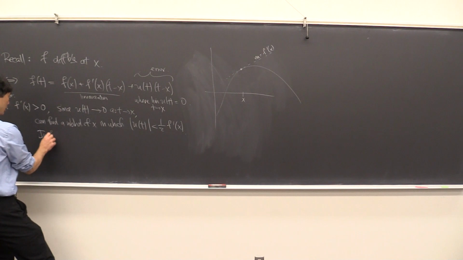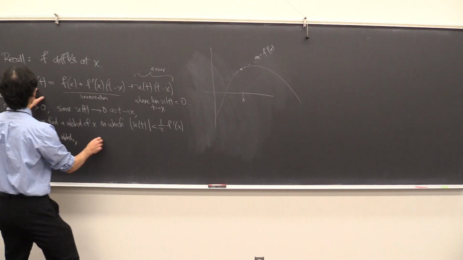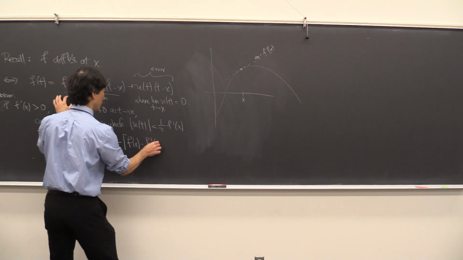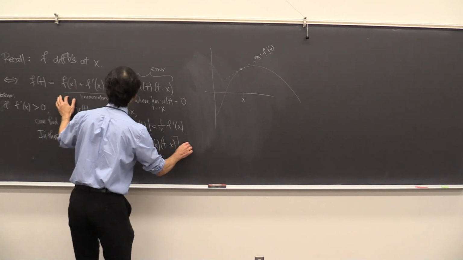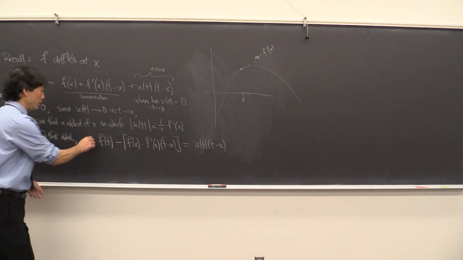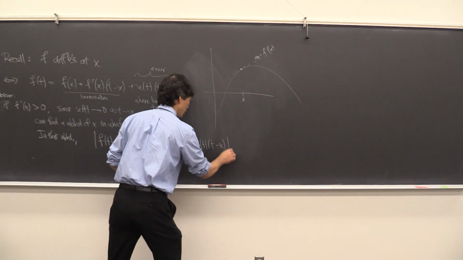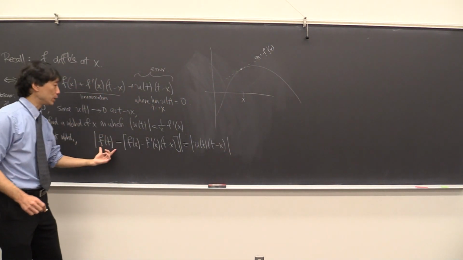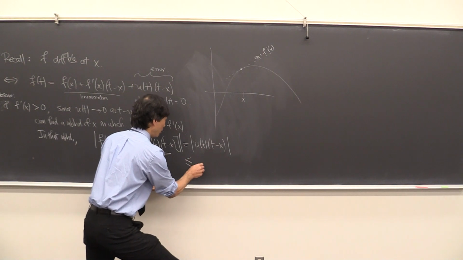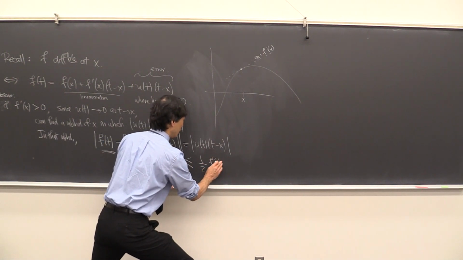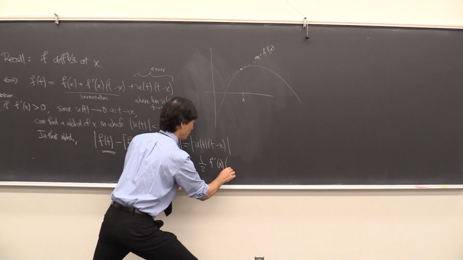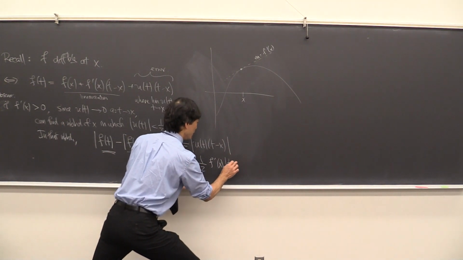In that neighborhood, f of t minus the tangent line of course equals the error, and if I put absolute values on it, the difference between the function and the tangent line is controlled by 1/2 f prime of x times the absolute value of t minus x.